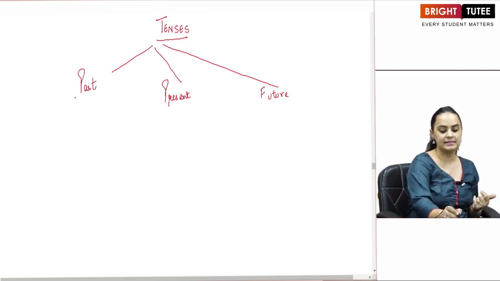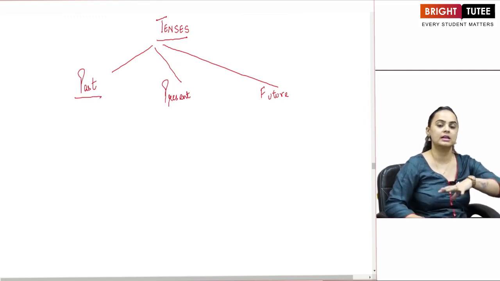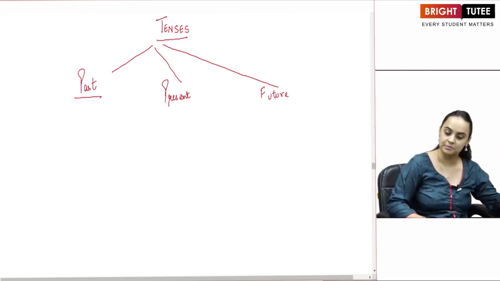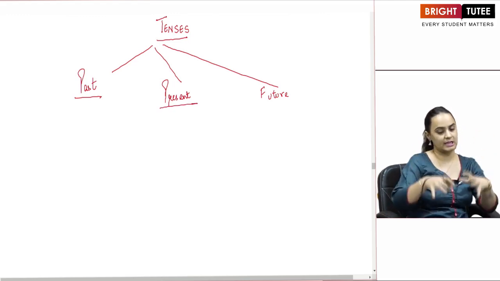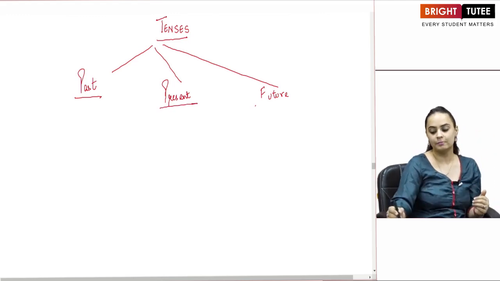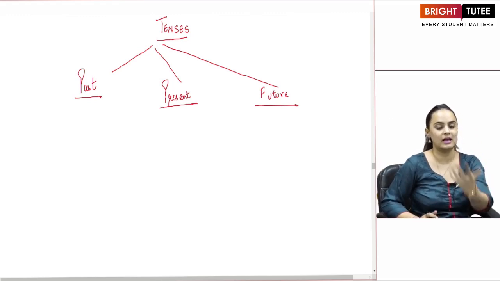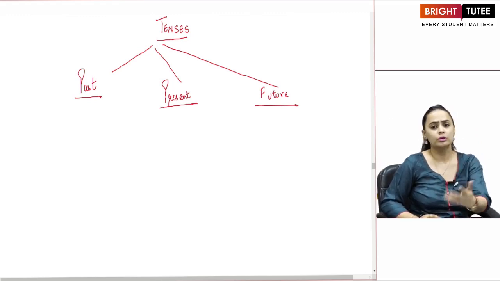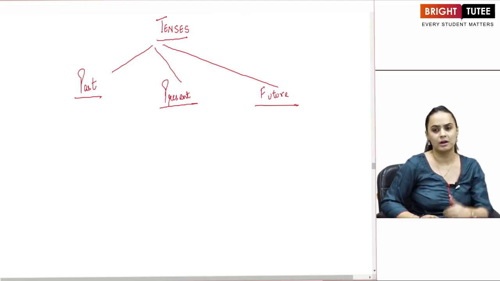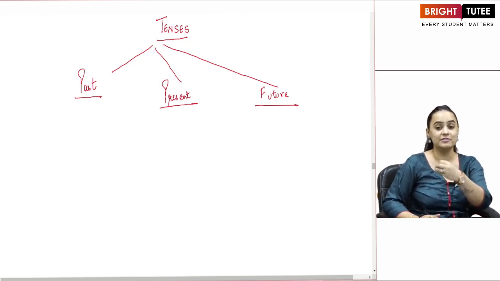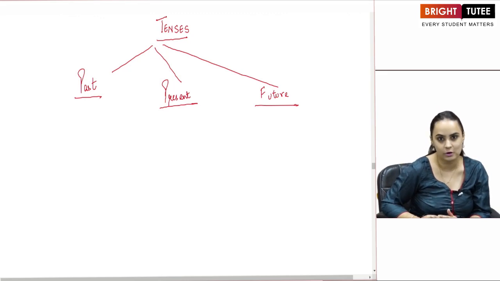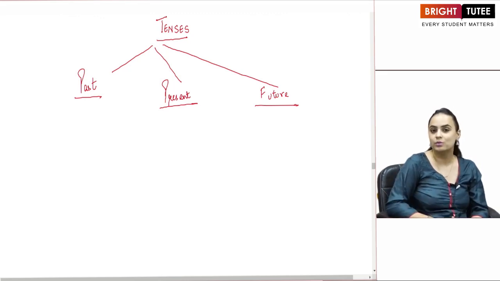Past tense, as the name suggests, is something that took place in the past. Present, what is taking place now. And future, something that will take place anytime. Future would mean 1 hour from now, 2 hours from now, and even 10 minutes from now is your future. So that is what future tense is all about.